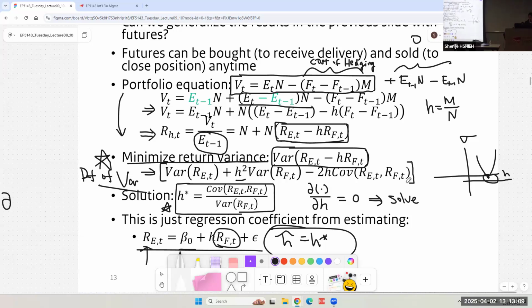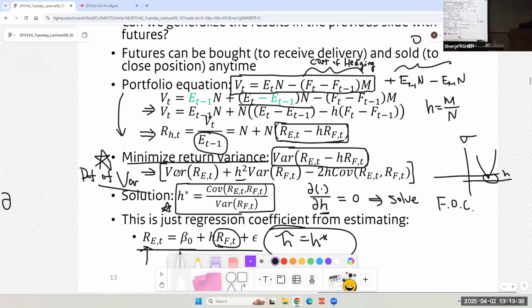Quadratic means that there is a global minimum or maximum, but in this case it's a minimum. So you can minimize this by taking first order conditions. I'll write f.o.c. That just means taking the first derivative and setting it equal to 0, since we're choosing h. This is our choice parameter. So we want to find the optimal h that minimizes our portfolio variance. First order conditions.